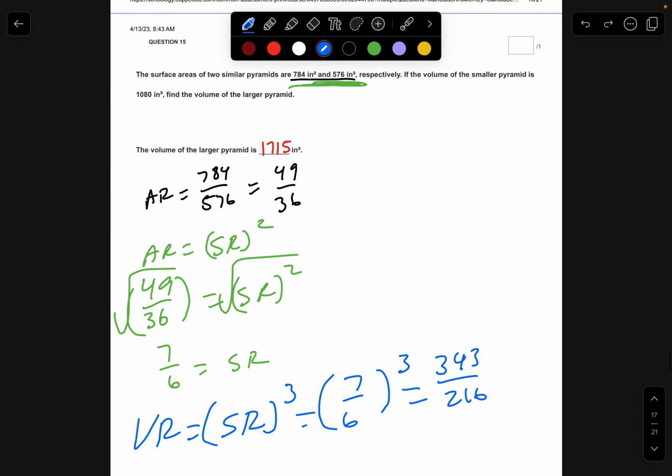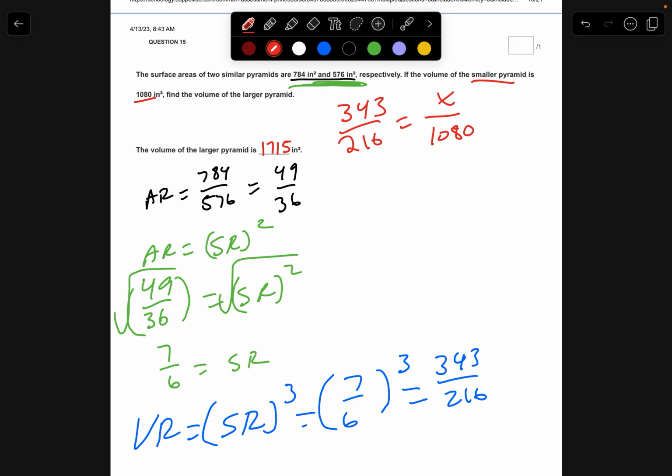This is the ratio you have to use to work with volume, which we've mentioned a few times. So for this question, we are going to have our volume ratio, and then they tell us that the smaller pyramid has a volume of 1080. I'm going to put that on bottom, 216 smaller. The smaller number goes on bottom.